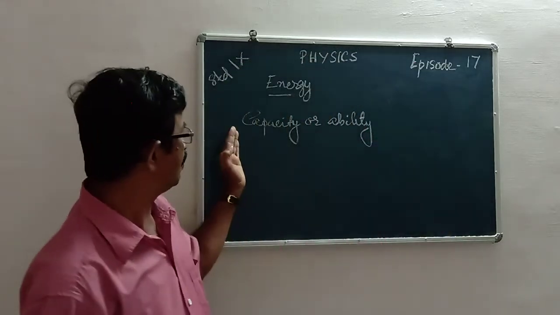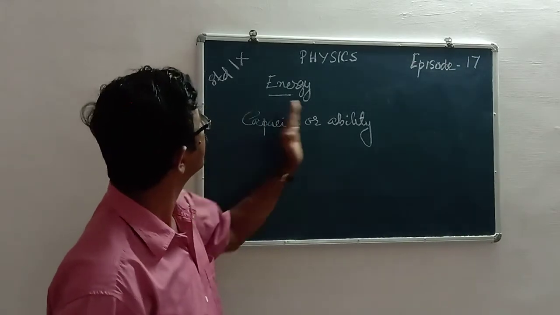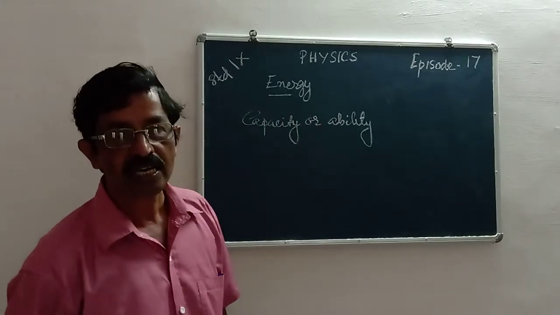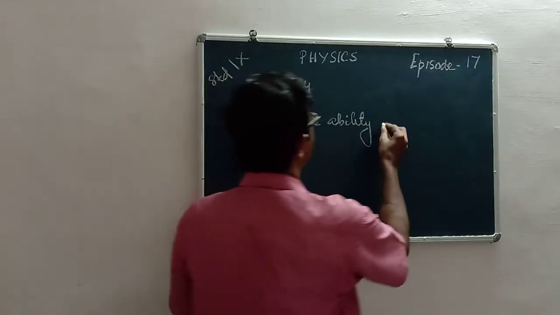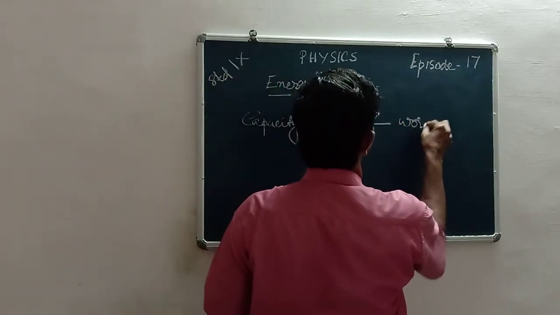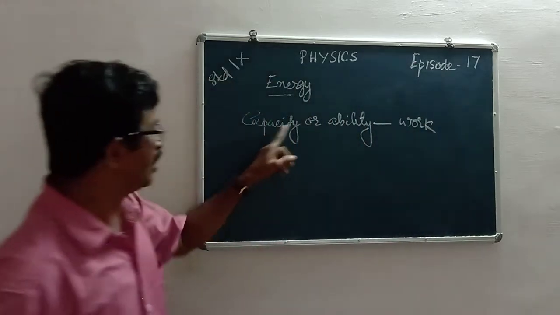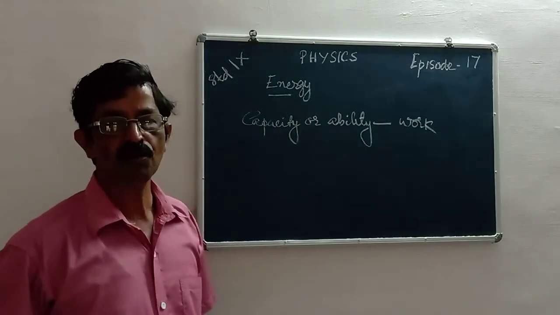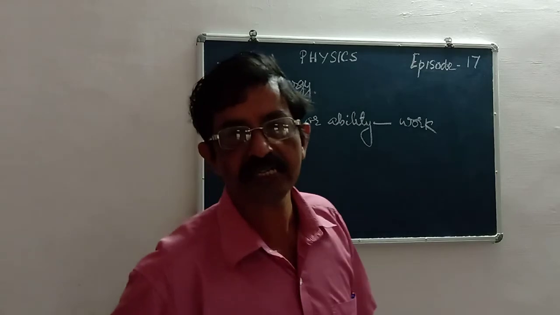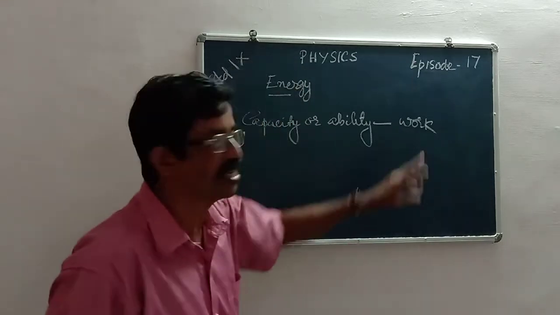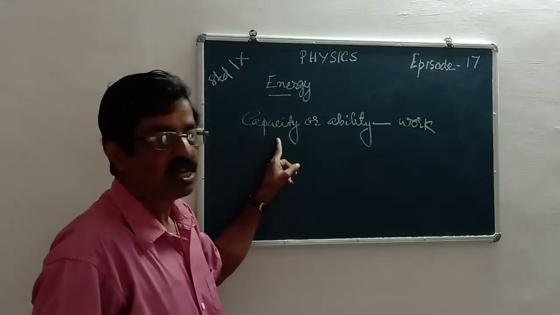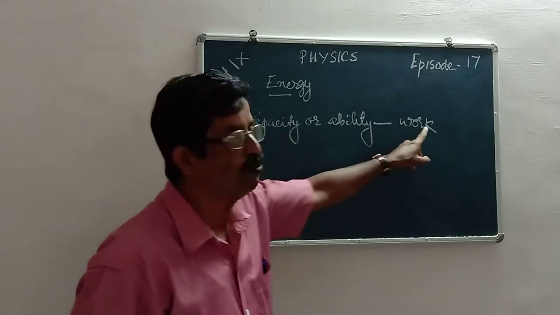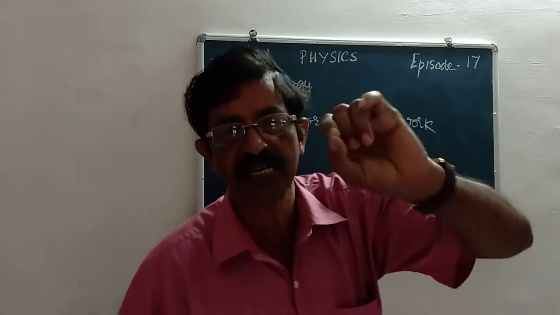Now see, the capacity or ability of a body to do work is called energy. So energy is the capacity or ability to do work.